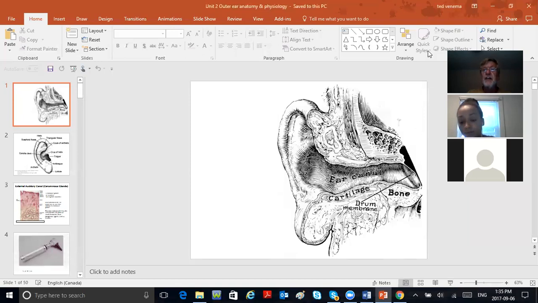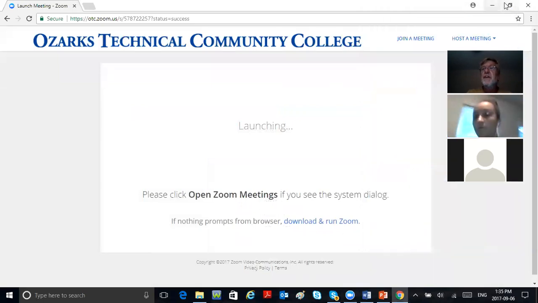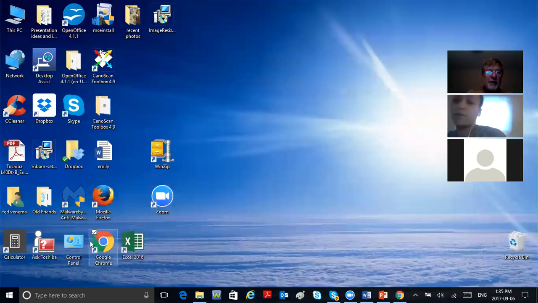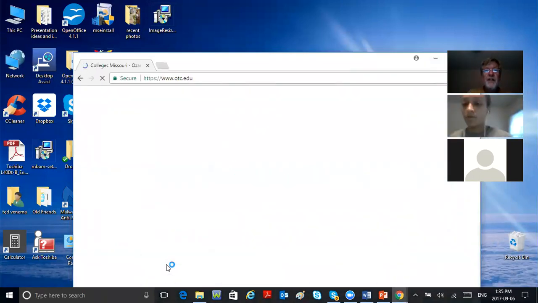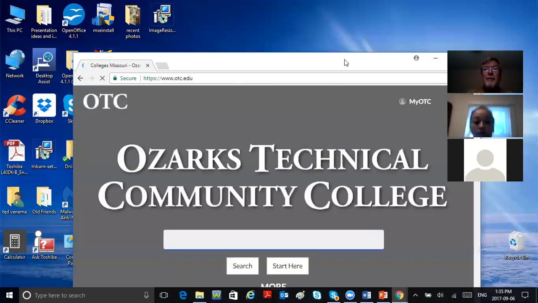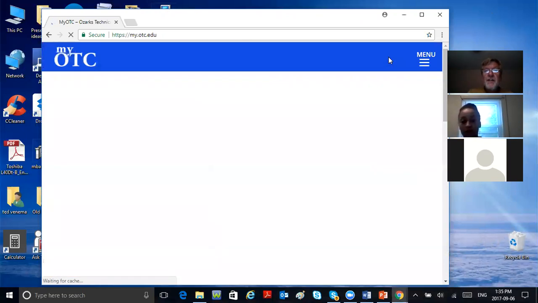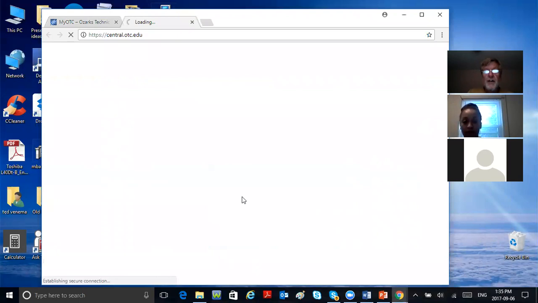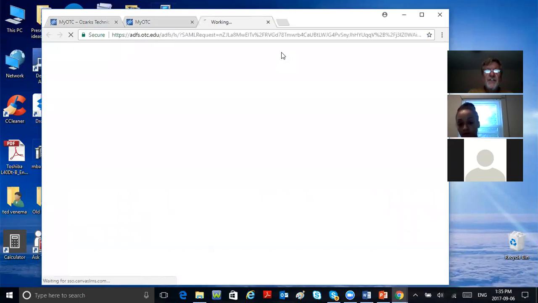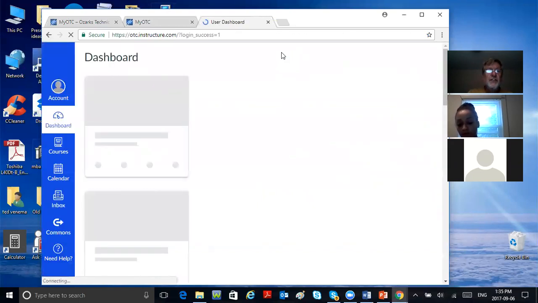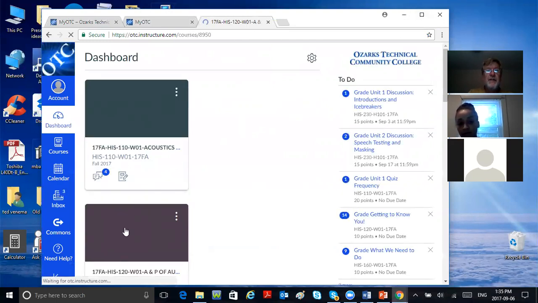Actually, I could even try this now, as a matter of fact, just for fun, while we're here. I'm going to go into the Missouri school here, colleges, and I'll see if I can see where it should be in my OTC. Click here to log in and go to Canvas. You can see a dashboard. Here's 120 anatomy. I'll click on that.